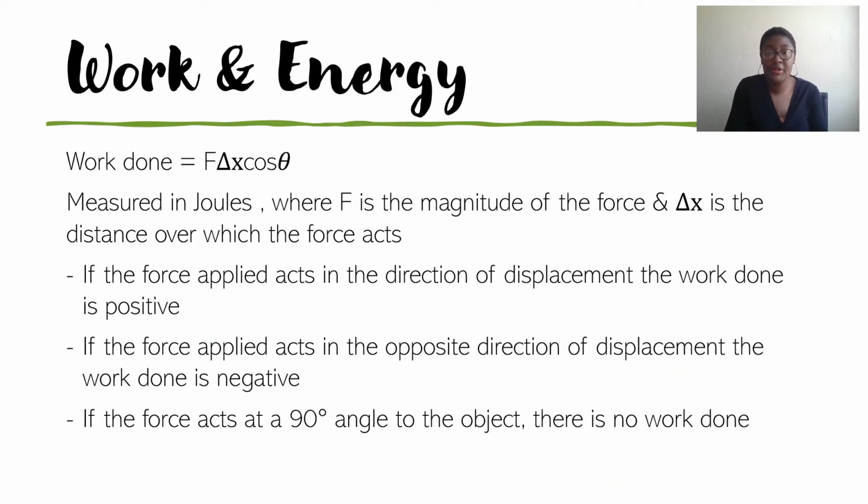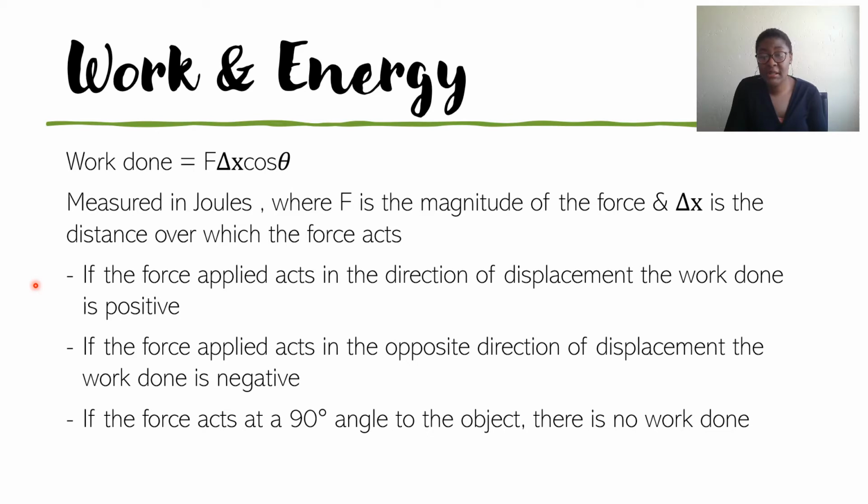Work done is when a body is made to move by a force in the direction of the force applied. You can represent work done as the formula F, which is your force, times delta x, which is the distance over which the force will act, times cos theta, which is the angle at which the force will act.